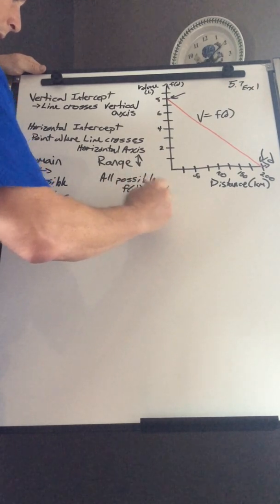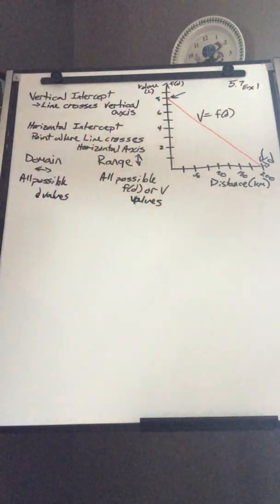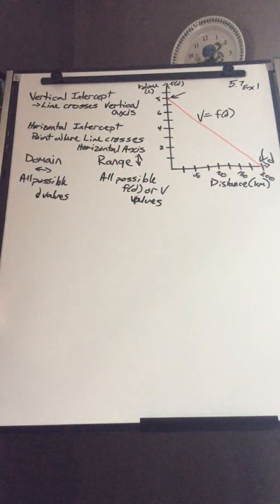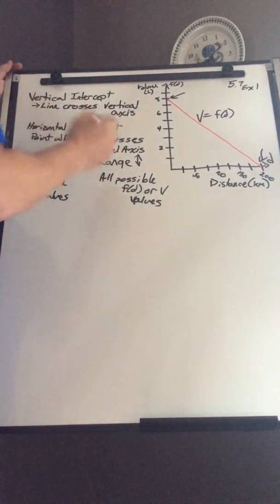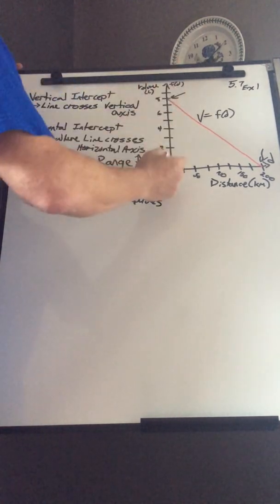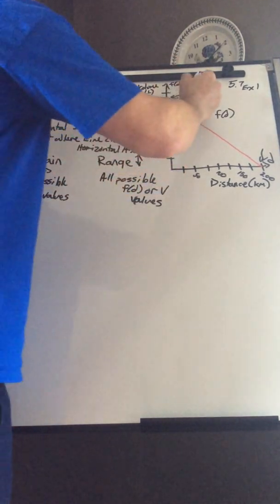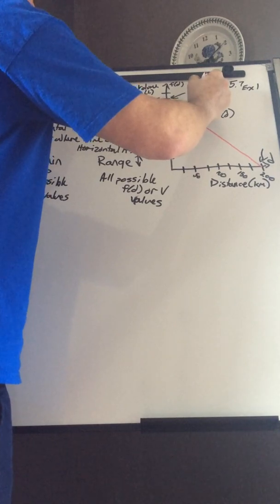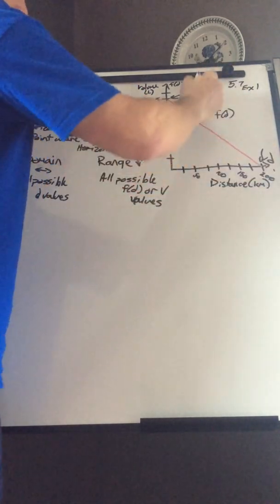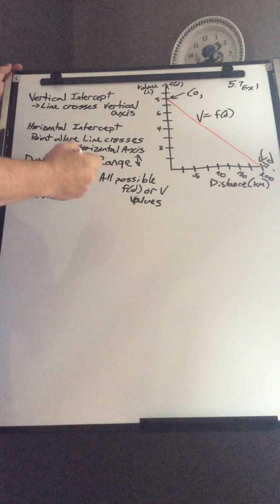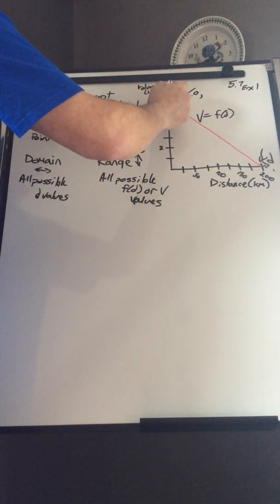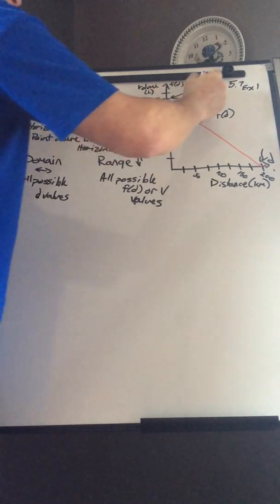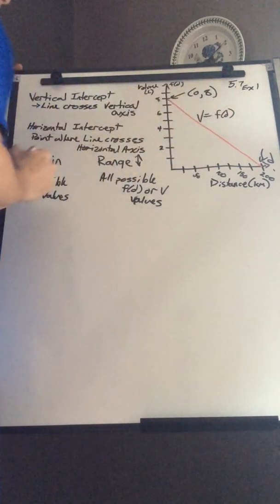So now getting into the work part of it. There's not a ton of work to this. All you have to do is be able to look at the graph and say, well, when I cross the vertical axis, I know that x is going to be 0, or in this case, d is going to be 0. And my y value, or vertical value, is 8. There.